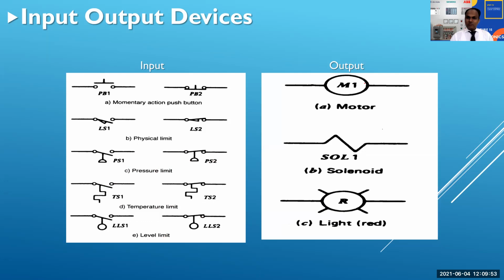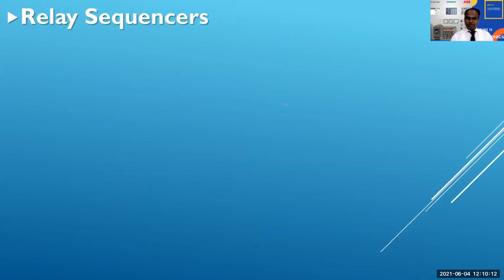Outputs will be motor, it will run or it will stop, solenoid valve engaged or disengaged, light: if R is written, it is red, if G is written, it is green. So these will be the output devices for the particular PLC.